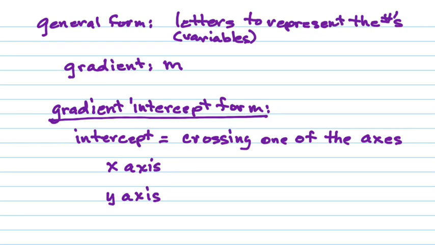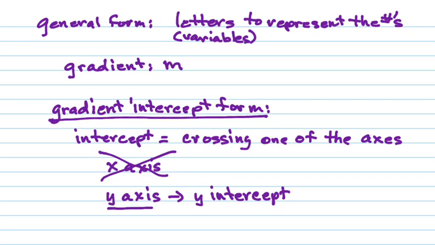Because most lines cross both of these, you end up having two different intercepts. But for right now, we're not interested in the x-intercept. We're going to talk about the y-intercept. And the y-intercept simply means the place where the line is crossing the y-axis.